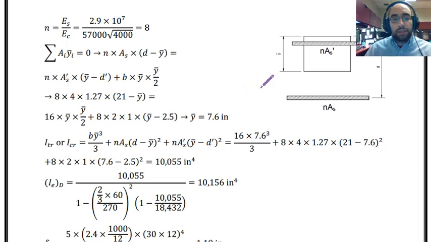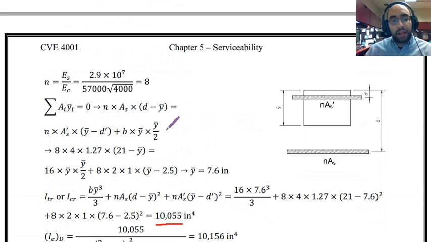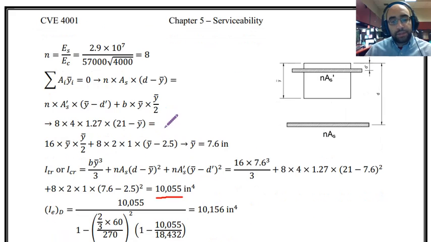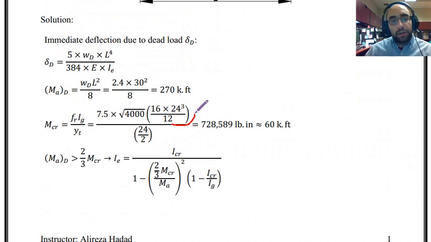Putting all the values in the equation, you can see I put all the values in the parameters that I described earlier. You can see the cracked section moment of inertia is equal to 10,055 inch to the power 4. Comparing it versus the gross section moment of inertia, we can see that the value has dropped a lot. The gross section moment of inertia, I calculated the value over here.